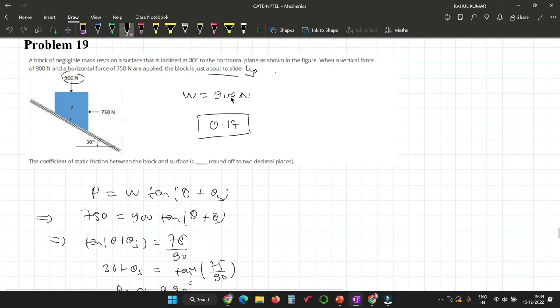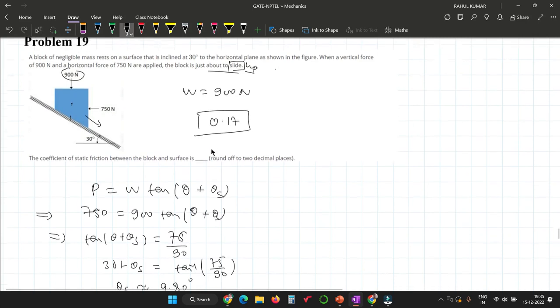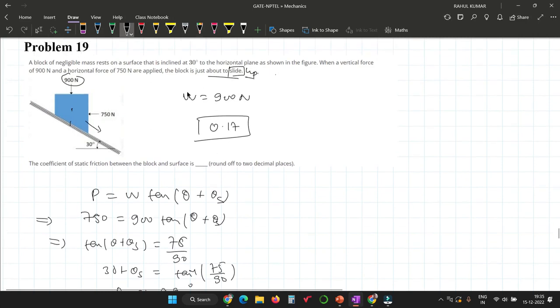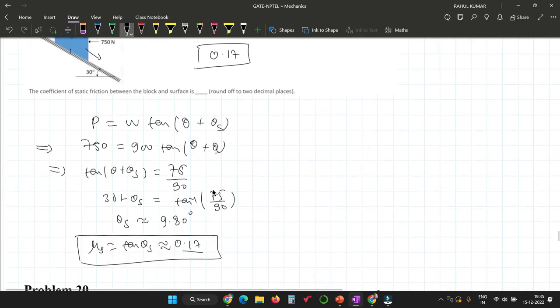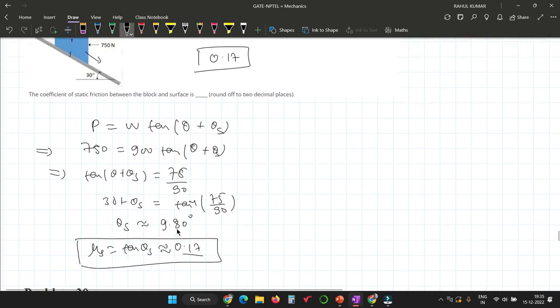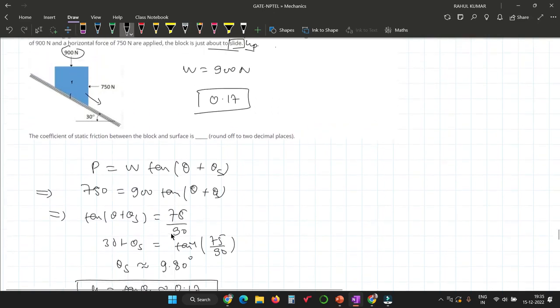I solved it assuming they are asking about the block just about to slide down, because they have not mentioned whether it is slide up or down. But here I saw that if they ask about sliding down, then we will not get the correct answer, because we will get a negative answer, I mean theta s is negative.